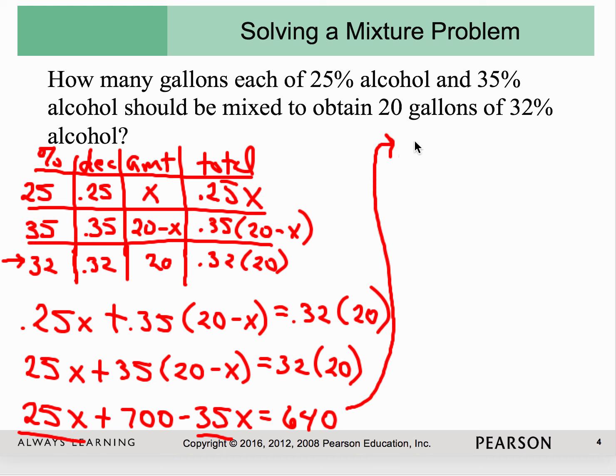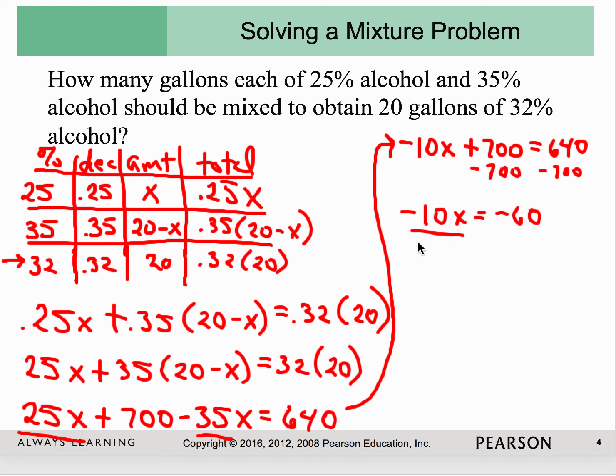So negative 10x plus 700 equals 640. Okay, subtract 700 from both sides. So negative 10x equals negative 60. X equals 6. So you need 6 gallons.